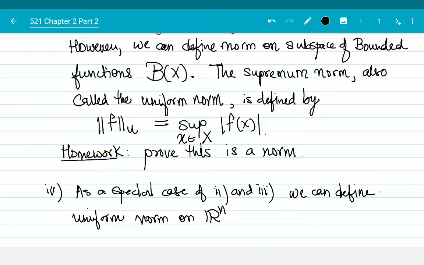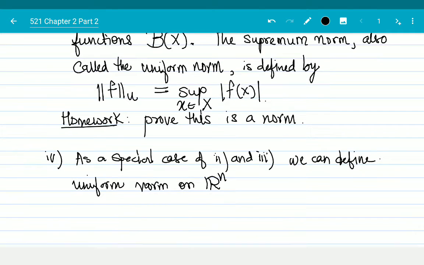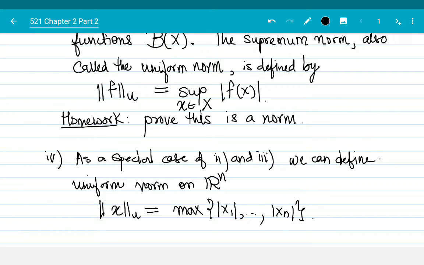Okay? And the uniform norm of x is just equal to the maximum of the absolute values of x1 all the way up to xn. Okay.